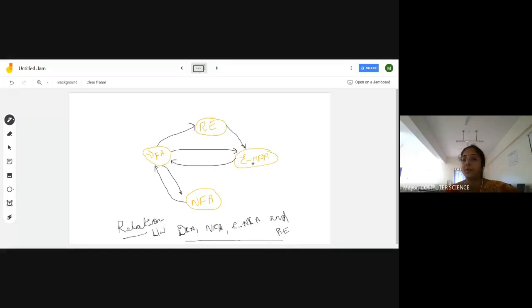I have provided you an epsilon NFA that we have converted into a DFA. And for every DFA, an NFA exists. So this is also possible, converting from DFA to NFA and then NFA to DFA. But when it comes to regular expression, I told you that any language accepted by DFA, NFA, and epsilon NFA is a regular language.